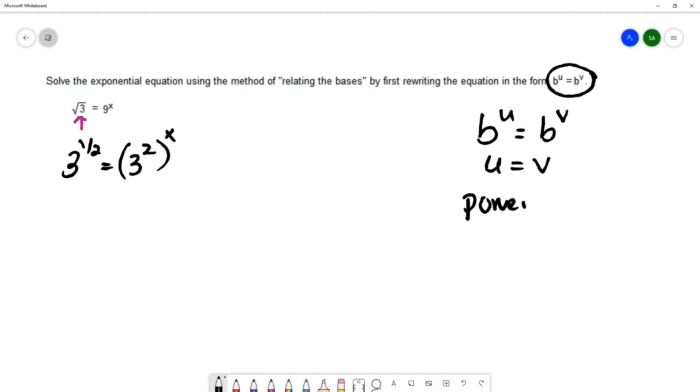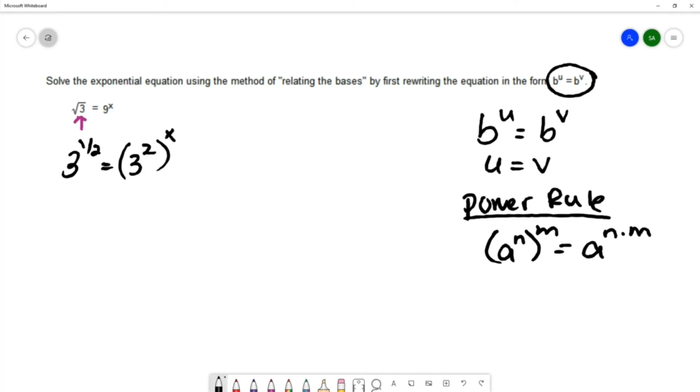The power rule for exponents is this: if we have a to the n, then raised to the m, a power raised to a power, then we multiply those powers together. So we get n times m. For our example, we have 3 squared to the x power. We're going to multiply those powers together and get 3 to the 2x. On the left-hand side, we have 3 to the 1/2.